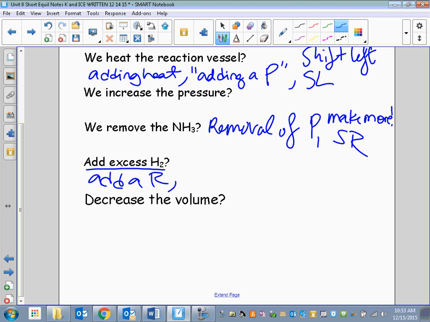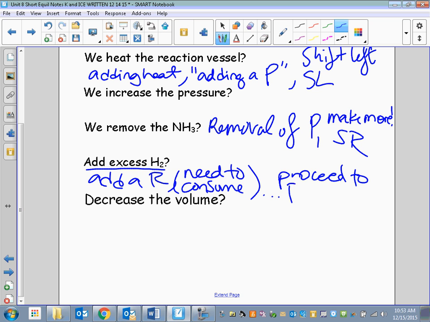That means I'm going to the right. So I'm going to say need to consume or use up reactants. So that means I need to proceed towards products, which just means shift right. So I'm giving you some of my explanation, but the answers to what's happening are the shift left and shift right answers.